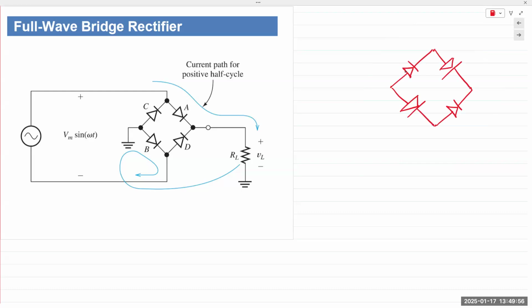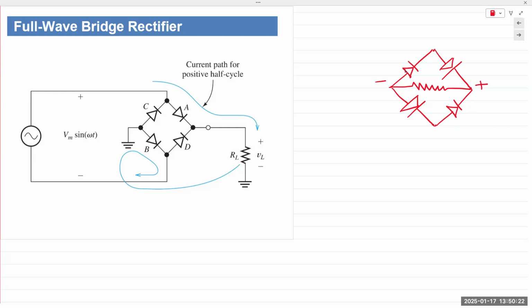And what this does is it gives us 4 nodes, 2 of which have 2 anodes connected, and at the opposite end, you have 2 cathodes connected. That is where the output is taken from. So on the left, you have 2 anodes. That gives you the negative end of the output.